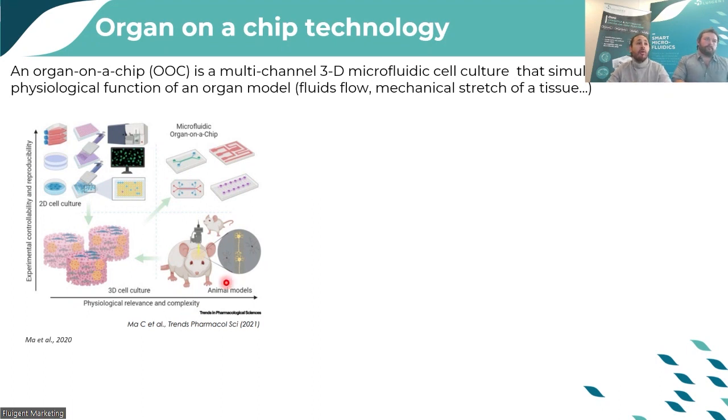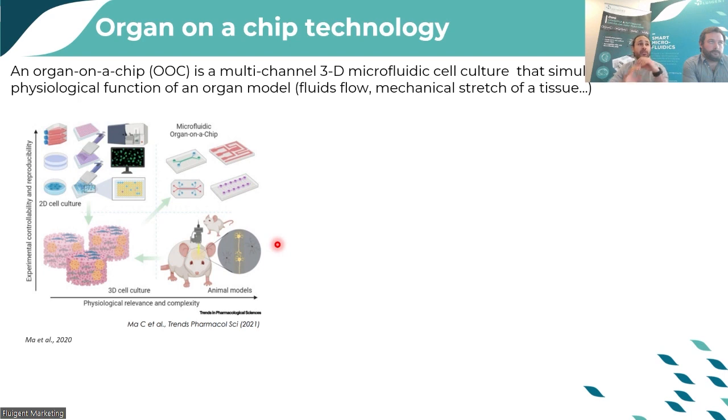Then, more relevant, there is animal testing, which is better in terms of relevance and has higher complexity. However, it is far from the behavior of the human organ in the human body, and it also raises some ethical issues.